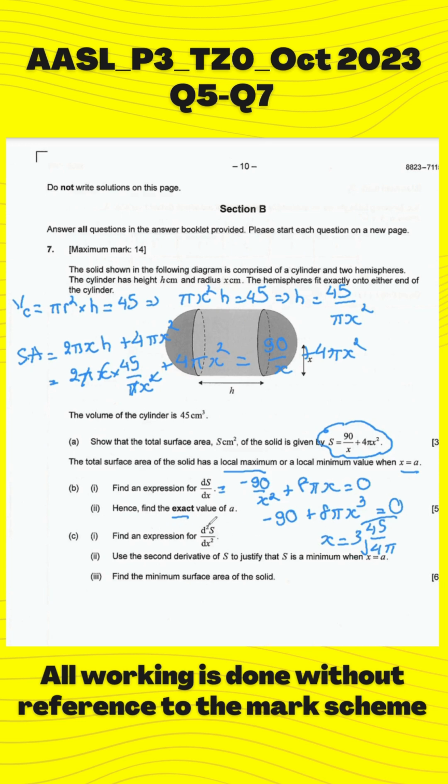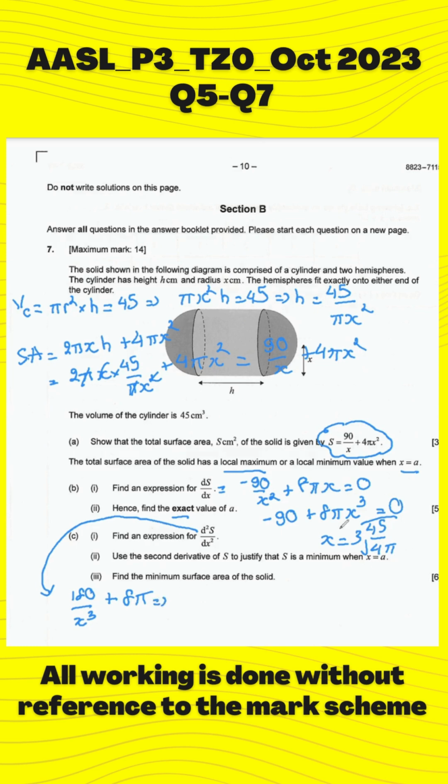Now they want us to find the second derivative of the surface area. So this one will equal 180 over x cubed plus 8 pi. Now they ask you to use the second derivative to justify that the surface area has the minimum. So what we want to prove is that the second derivative will be positive at x equal to a.